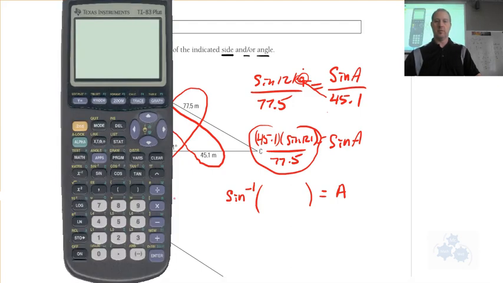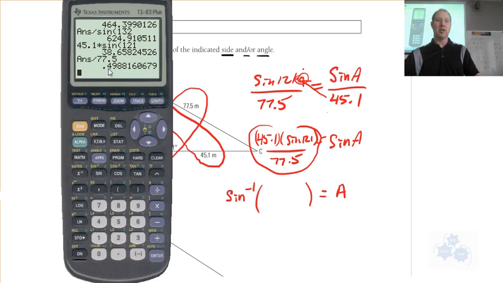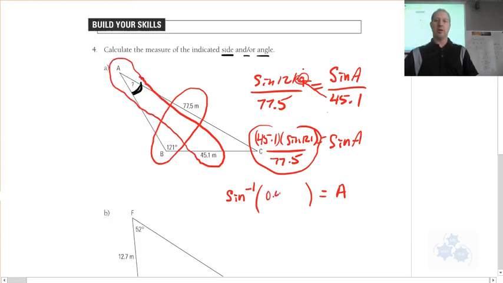Well, let's figure out what that actually is first. So I'll do 45.1 times sine of 121 divided by 77.5. Okay, good. That should be a number less than 1. It should be a decimal, so 0.49.